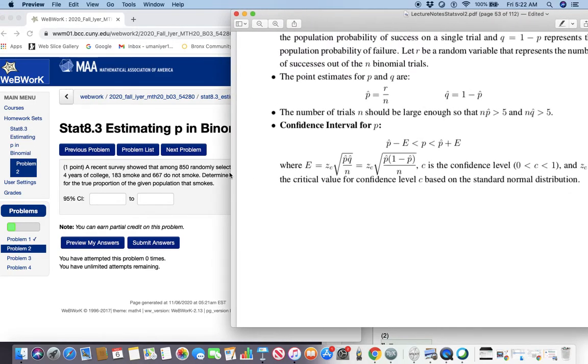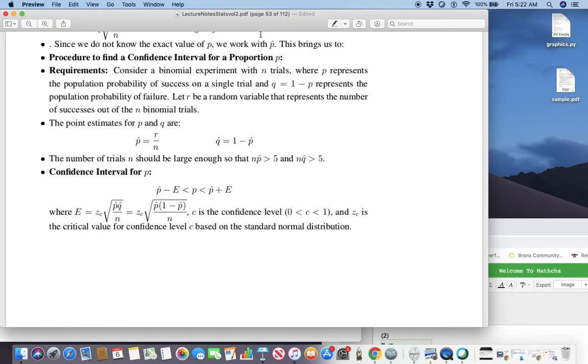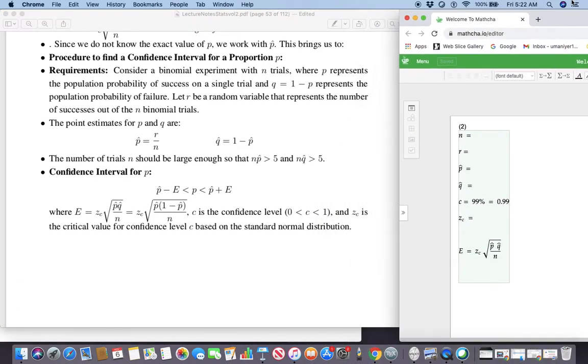You start off with the number of trials n. Okay, so you need the number of trials n. You need to figure out P, right?